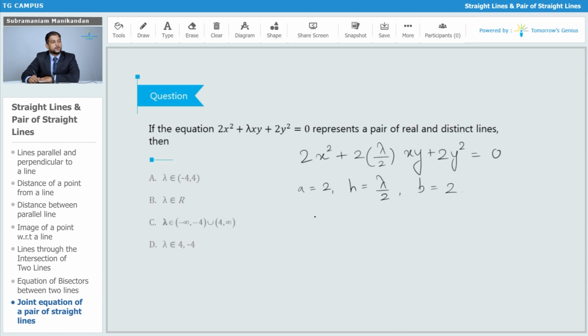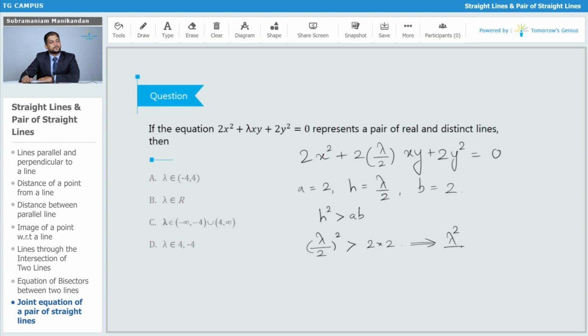So for real and distinct lines, h square greater than ab, and so lambda by 2 the whole square is greater than 2 times 2.